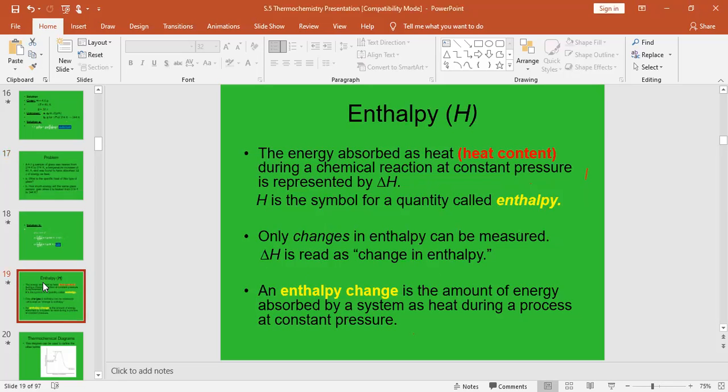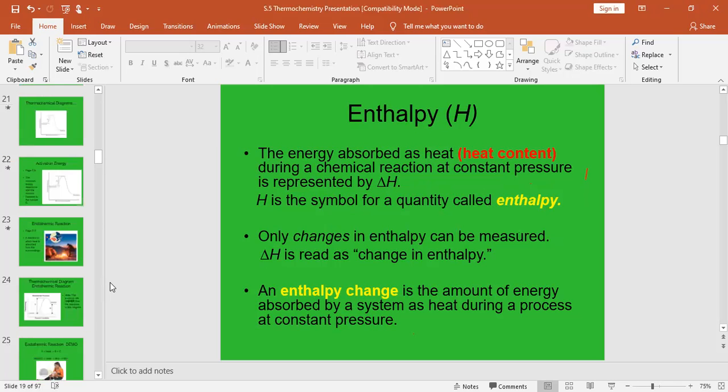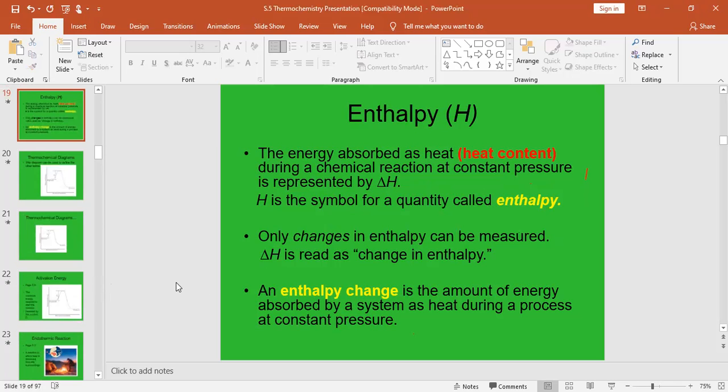So let's look at enthalpy. Enthalpy is actually described as the energy absorbed as the heat content during a chemical reaction at constant pressure, and it is represented by delta H. What we are talking about here is that you have some potential energy in a compound.